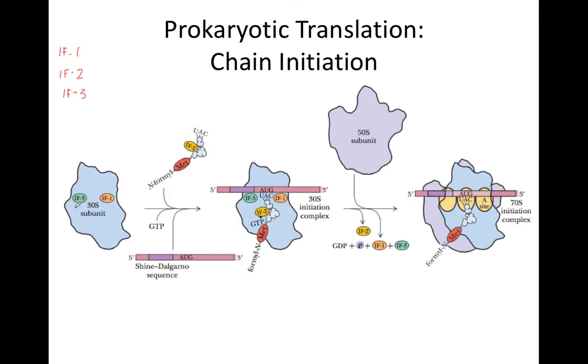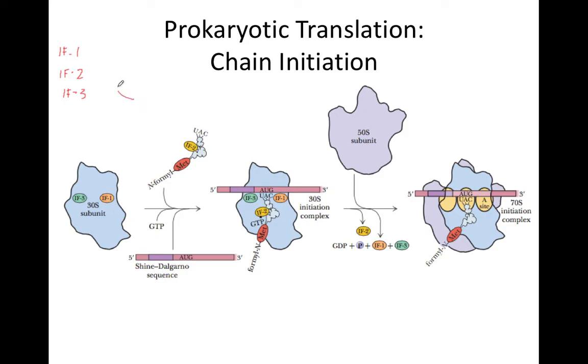So you have the 30S subunit, or the small subunit of your ribosome, and in it, initiation factor 3 binds near the E site, and initiation factor 1 binds near the A site.